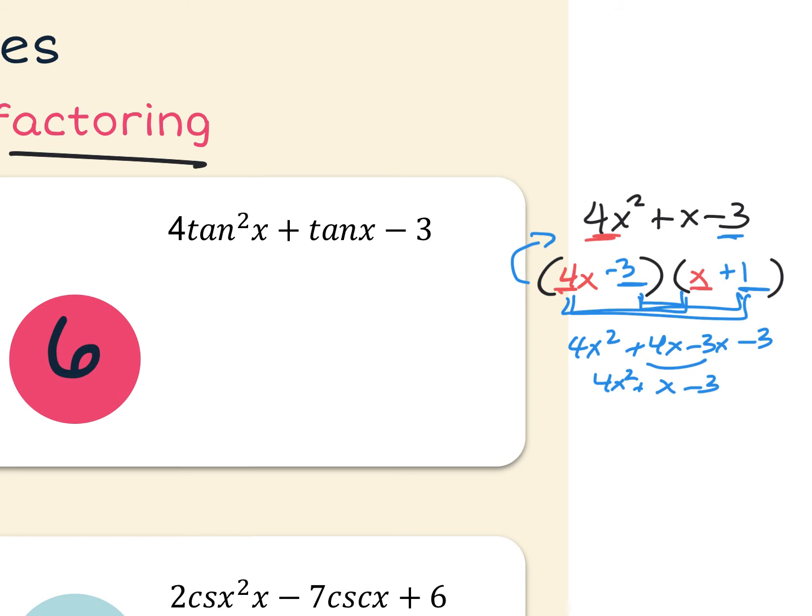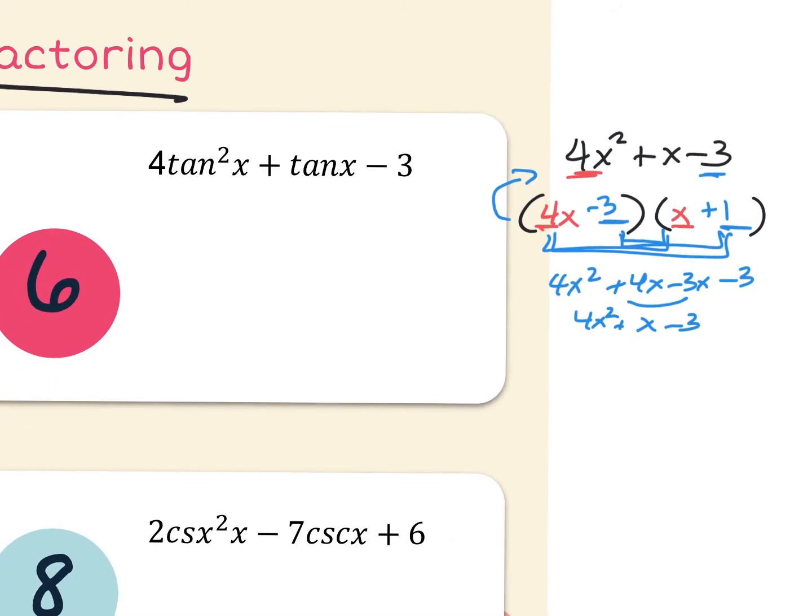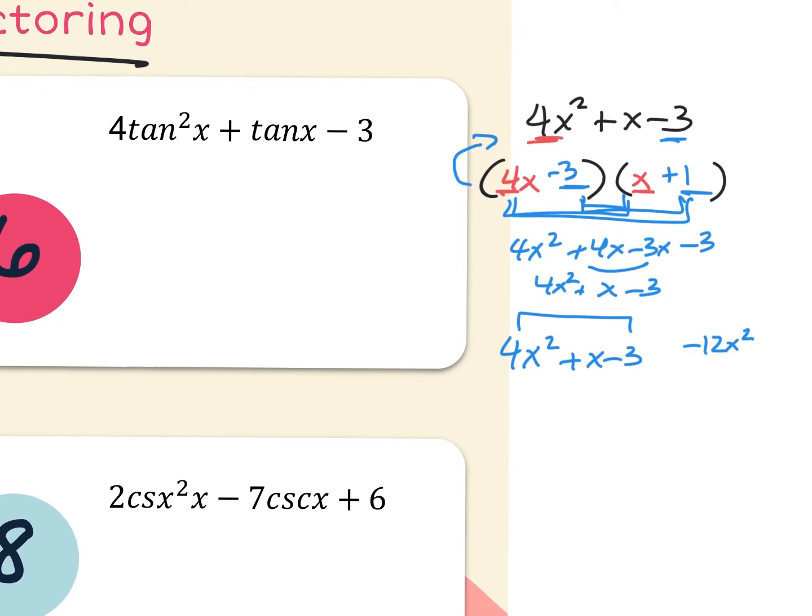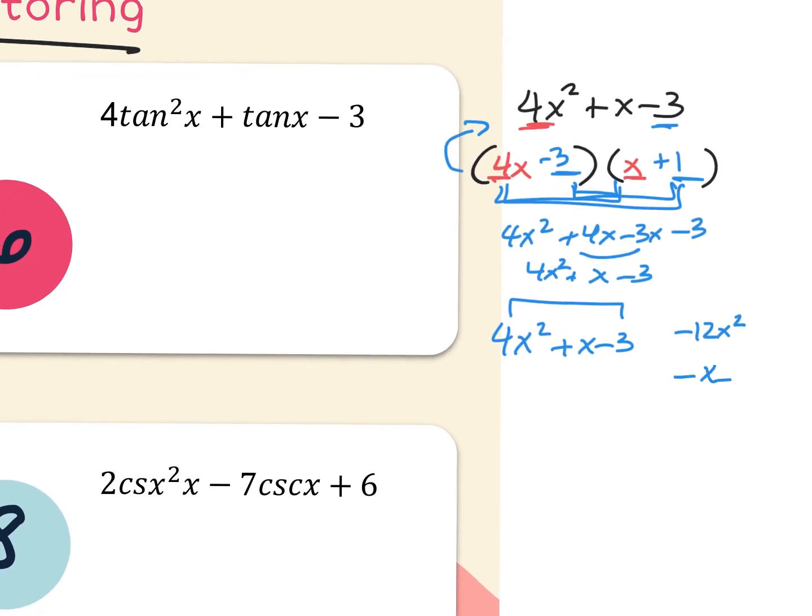Now, if you don't like guess and test, you can also do factor by grouping. So let's say instead, you want to factor this by grouping. So let's rewrite the problem. Remember, you multiply the beginning and the end. And you're looking for two numbers that multiply to give you the -12, but who add to give you the 1.